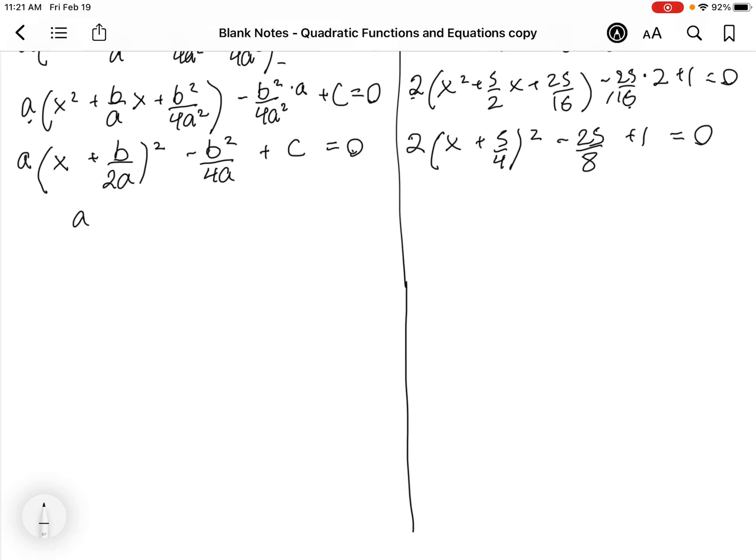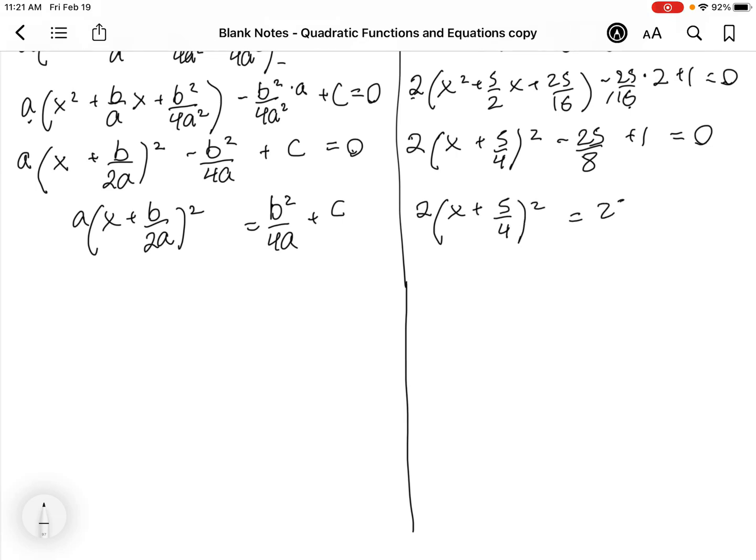So a times x plus b over 2a, squared, equals, now the signs will change, right, because I have to add and subtract them. So b squared over 4a plus c. And this will become 2 times x plus 5 over 4 squared equals 25 over 8 minus 1.